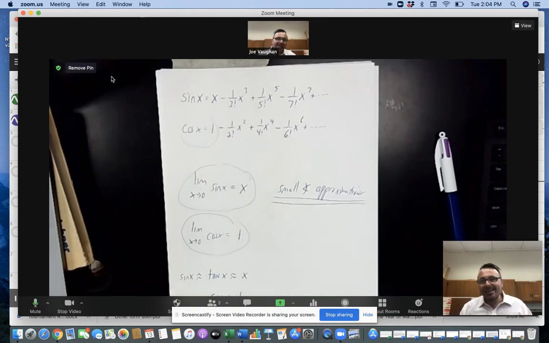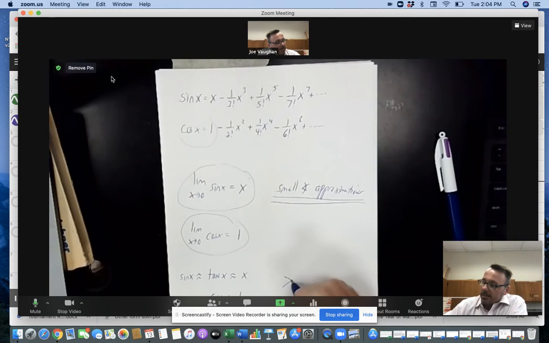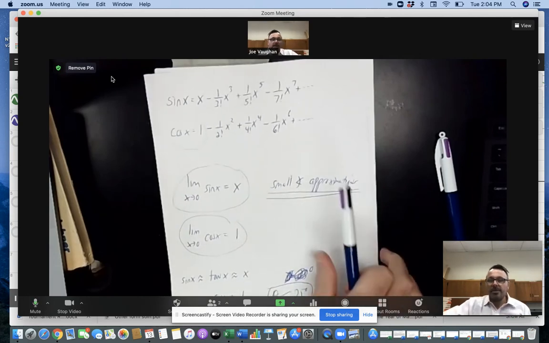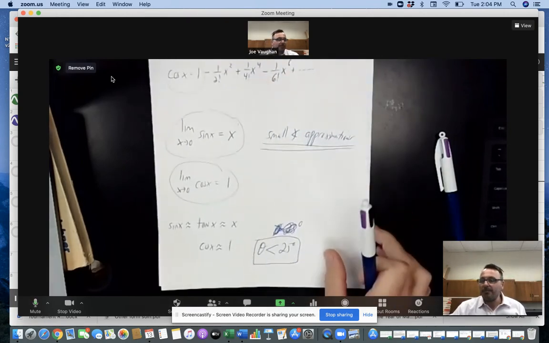So anything in the 25 degrees or less area, if your angle is less than 25 degrees, then you have the ability to do that.